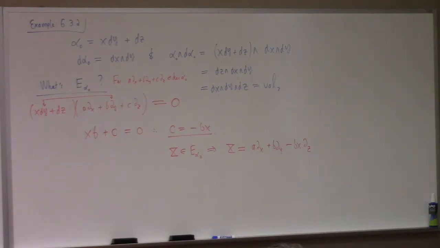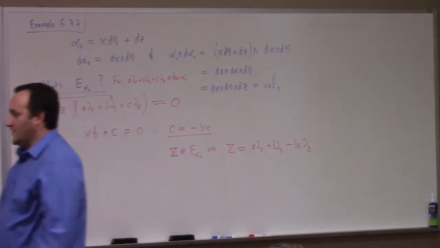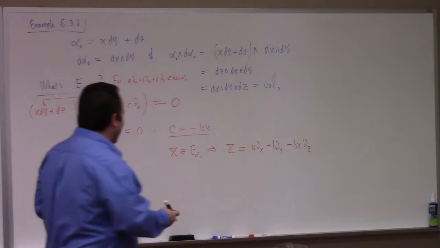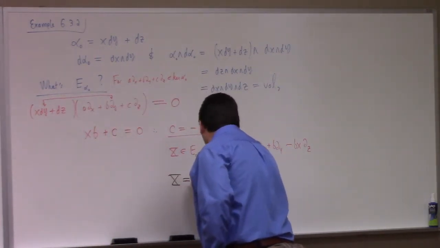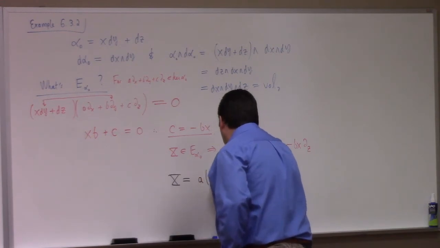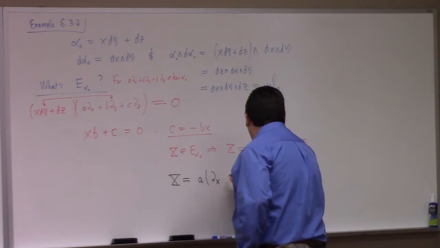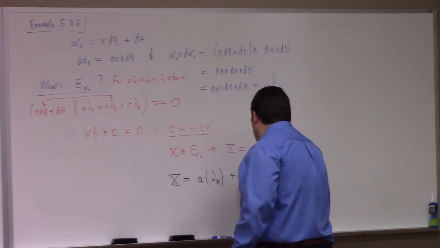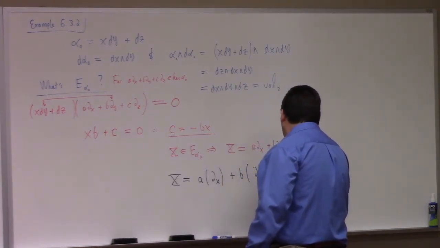All I did was put C equal to minus Bx there. So X is equal to A times partial x plus B times partial y minus x partial z.